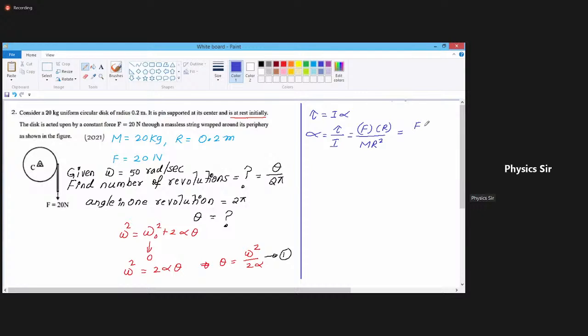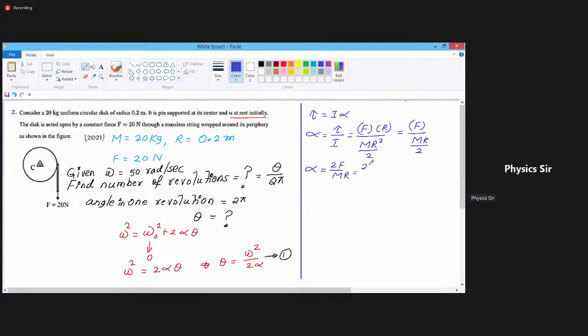So this will be F divided by mr. But this is a circular disk, so its moment of inertia is mr square by 2. So this alpha will be 2F by mr. Alpha is 2F by mr.